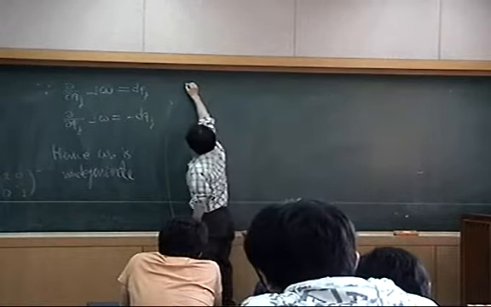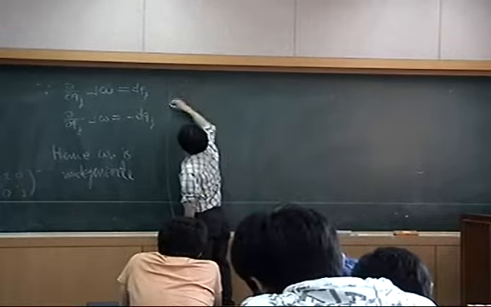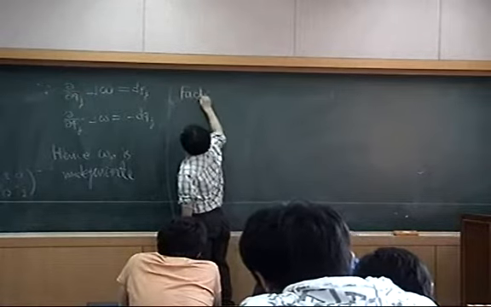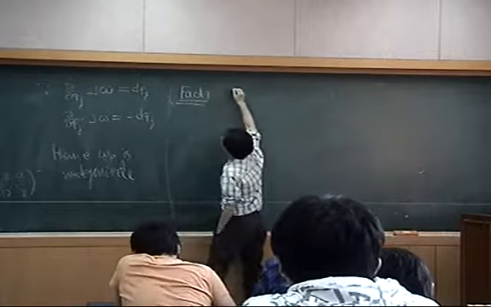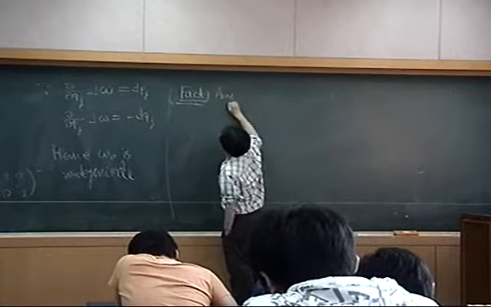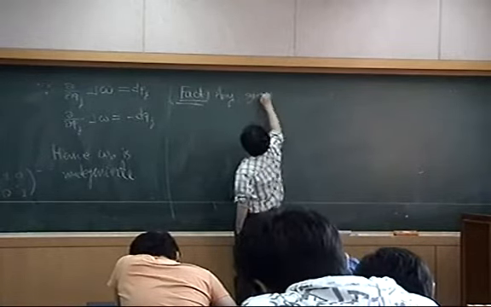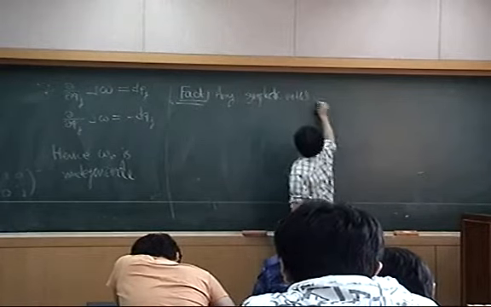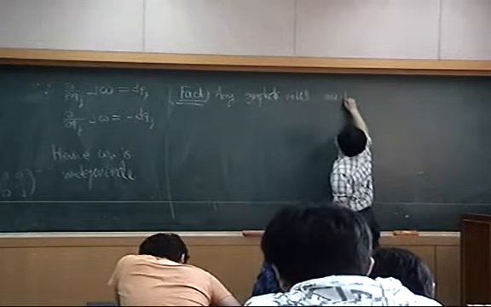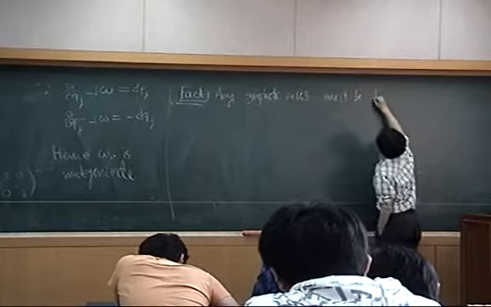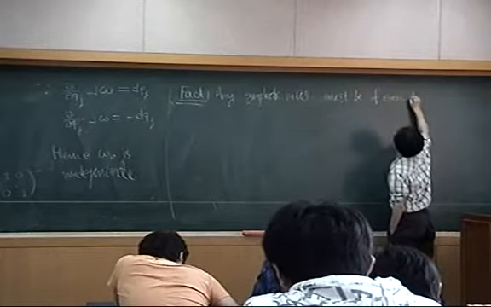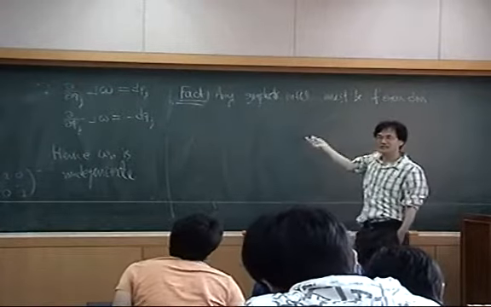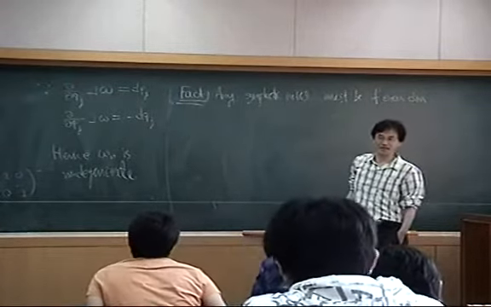So you note that: any symplectic manifold must be of even dimension, because a skew symmetric matrix always has even rank.